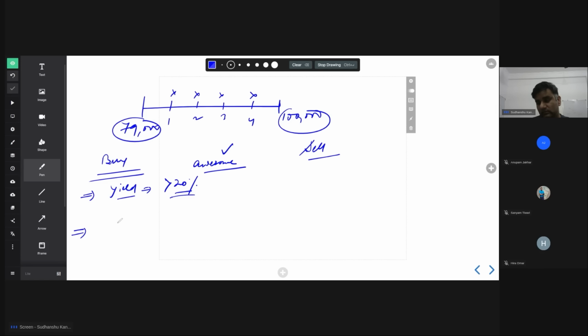Why has my screen gone blank? What has happened? Can you see my screen? Okay, fine, something happened. It is closed, sir. Screen is closed. Yeah, it's gone blank for me also.